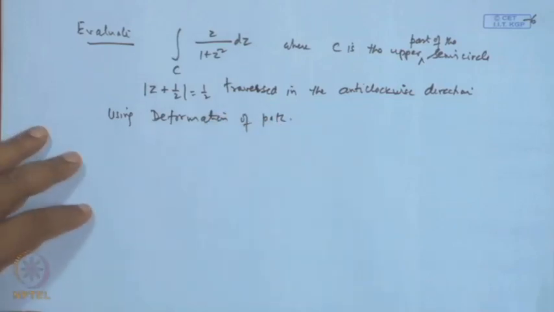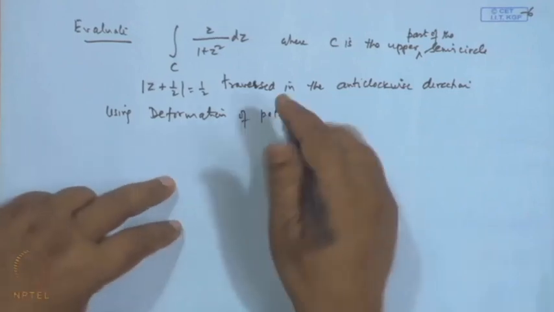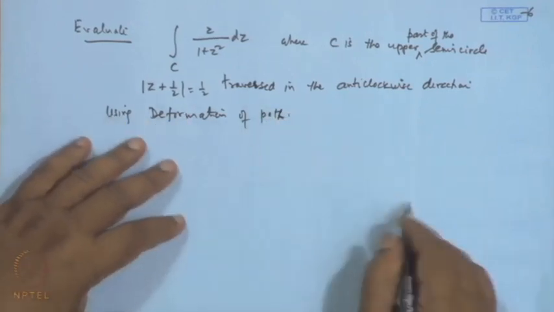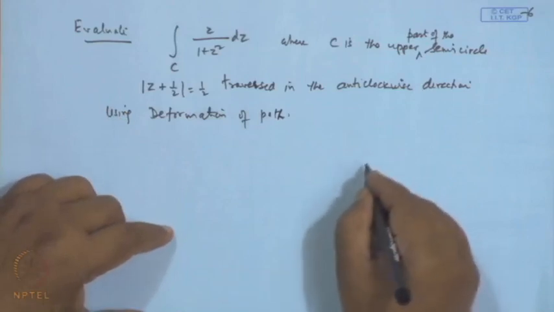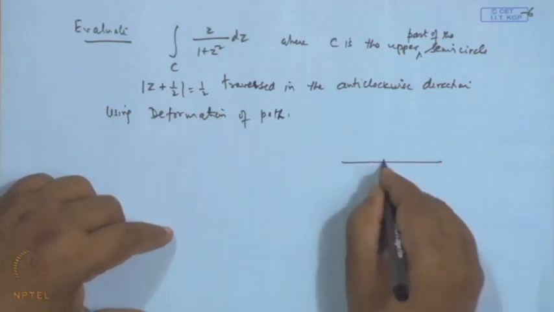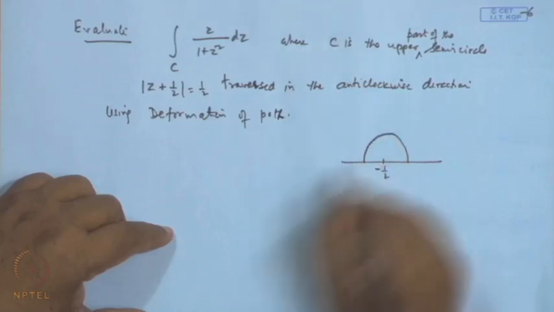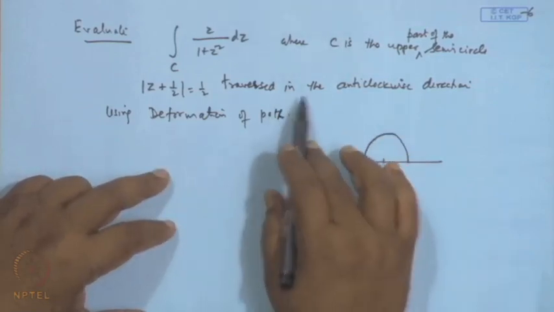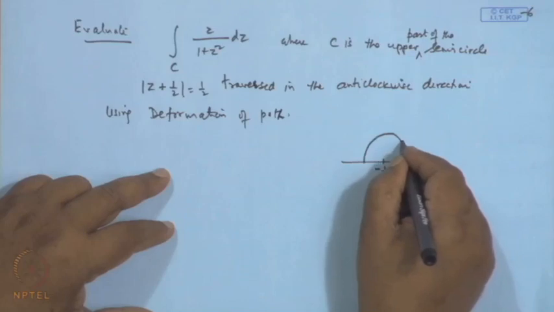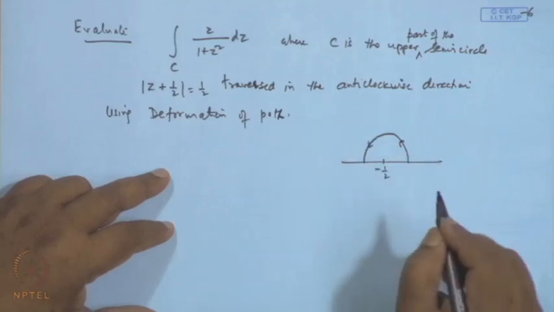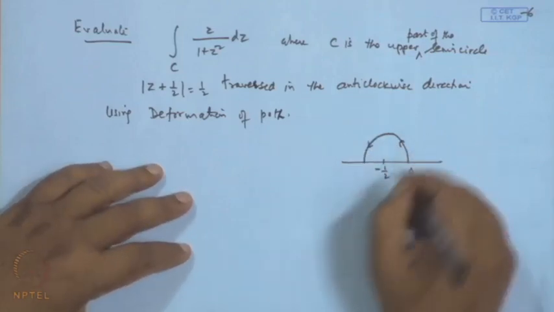Deformation of the path. Now, if we look at this circle, the circle is basically centered at minus half with a radius half. So, it will be this path and traversed in the anticlockwise direction. So, we are moving in this direction. Clear? Now, this is our 0.